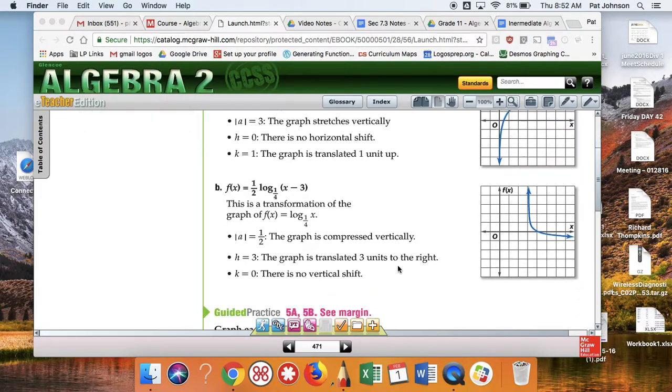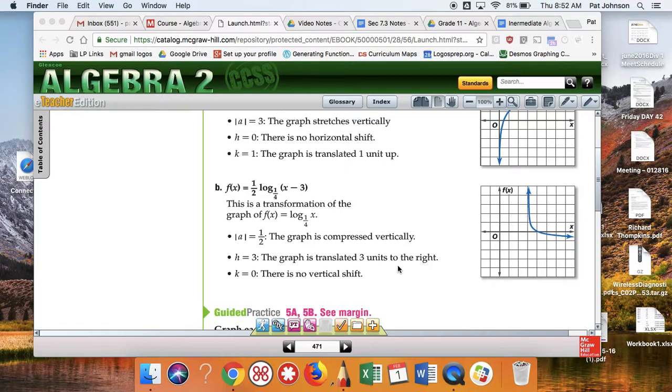Let's look at b. f of x equals 1/2 log base 1/4 of x minus 3. So our argument is x minus 3, which is our x minus h. The absolute value of a is 1/2, which tells us it's vertically compressed by 1/2. h is 3, it's the opposite, and k is 0. So there's no vertical shift.